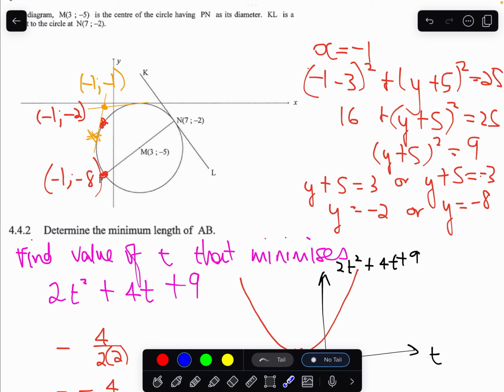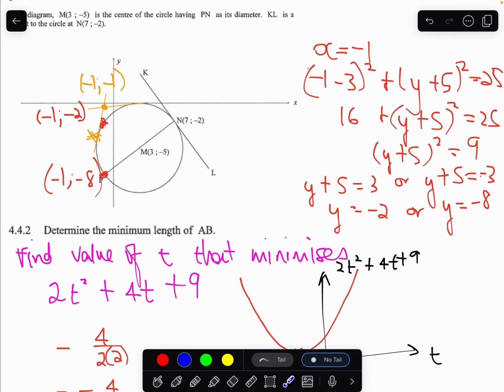So we know that this distance would be the same as this distance because of two tangents meeting at one point. And that distance would be 7 units, and that would be the smallest it could possibly be. So if you were to choose a -2 and -2, for instance, and do the tangent thing, that distance would be longer.